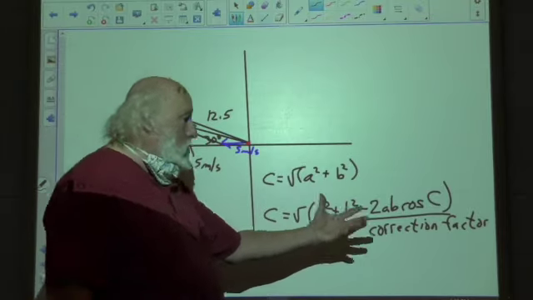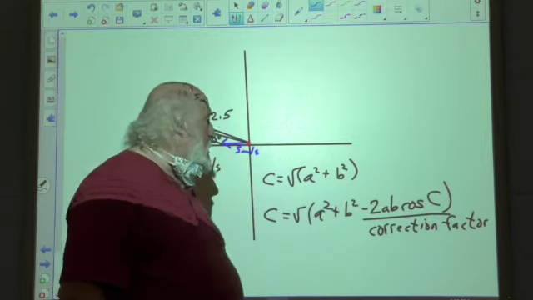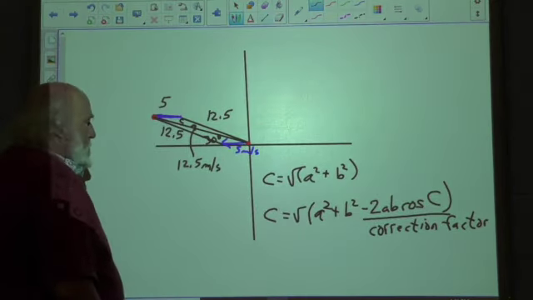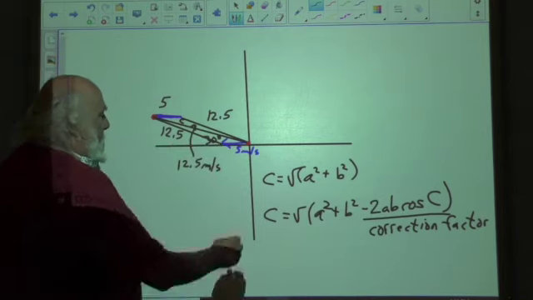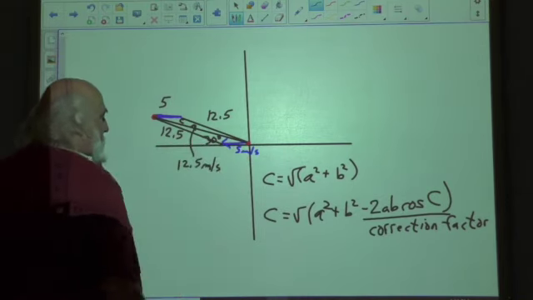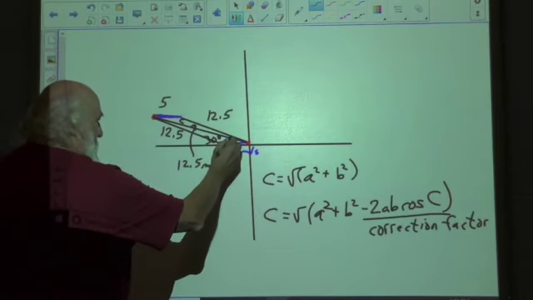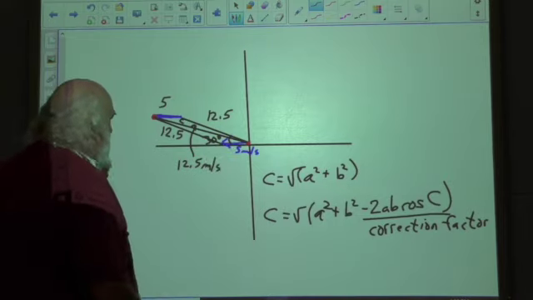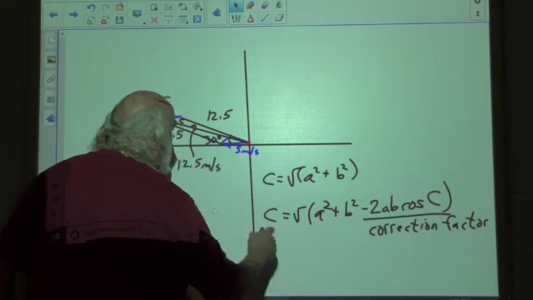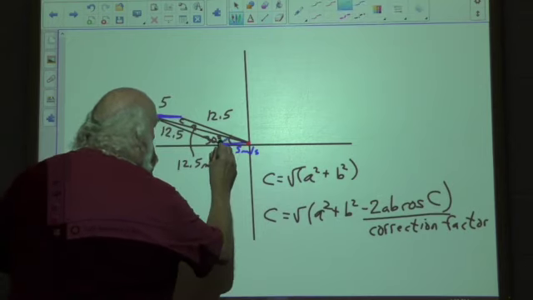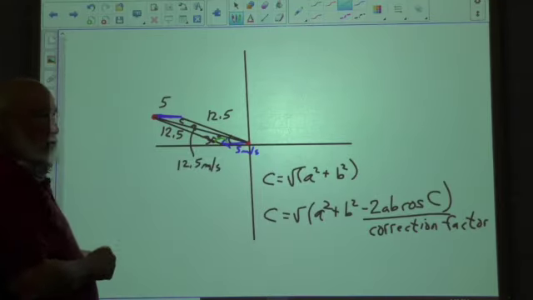So this is a really good way to deal with the loss of a right angle by including that in the correction factor. So, the question is, what is the measure of that angle right there? Well, we know that this angle right here is 30 degrees. This angle right here in green, going from here all the way over to here, those are consecutive angles in a parallelogram.